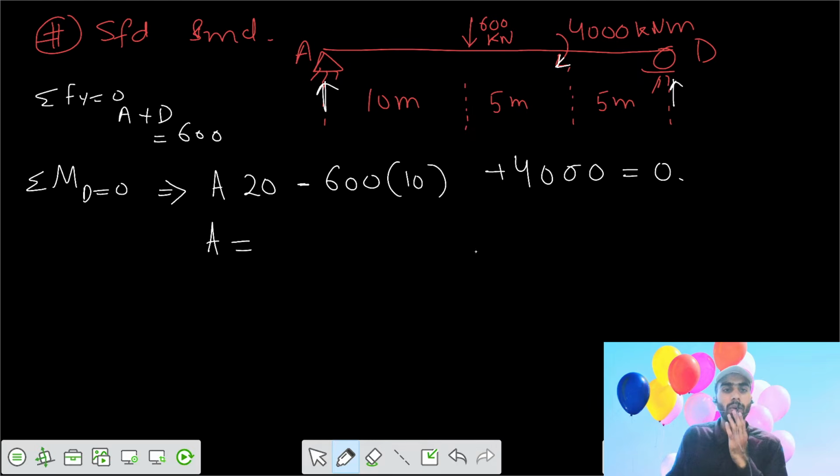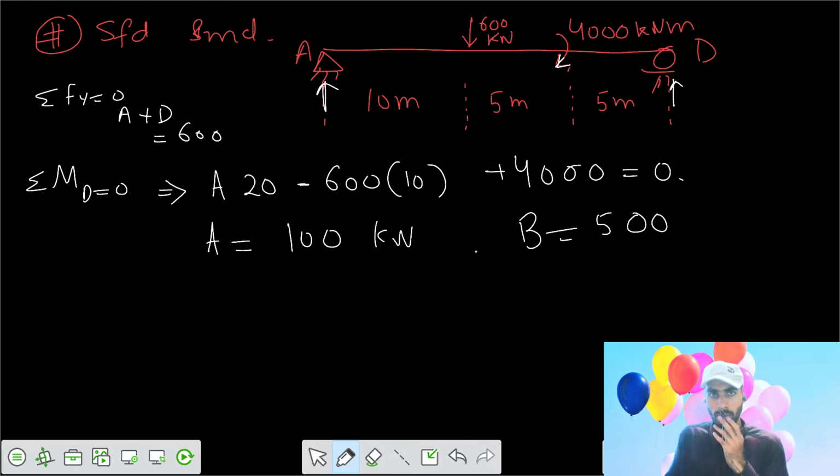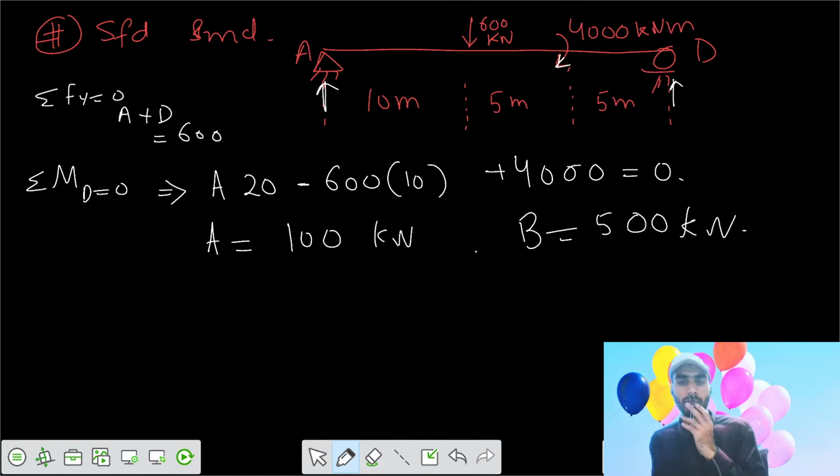So we get the value of A equals 100 kilonewton, and D equals 500 kilonewton. Now we have to make the shear force diagram and bending moment diagram.